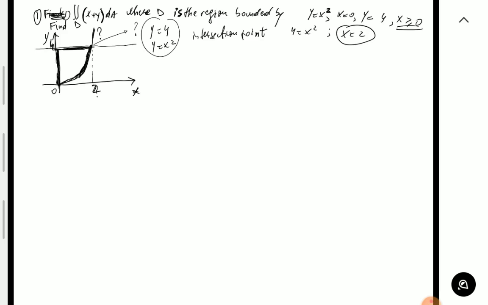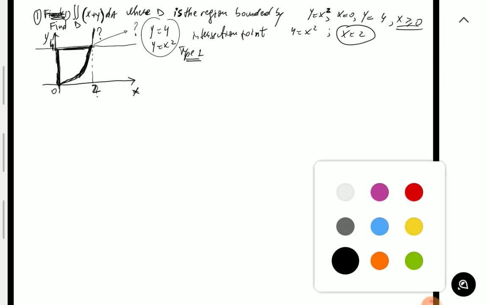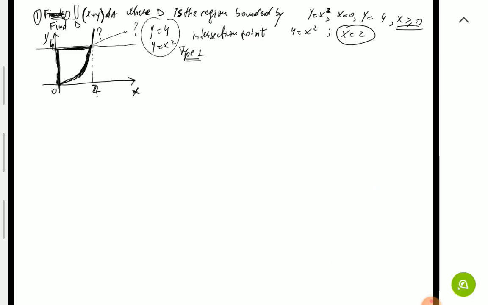Just by looking at it, you realize that it can be treated as both type 1 and type 2. So let's set up the integral as a type 1 double integral. Type 1 means constant bounds for x on the outside. All right, so the next thing you do, once you decide it's type 1, is draw a typical vertical slice.